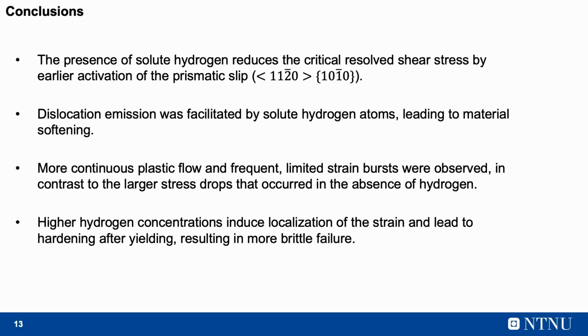We also saw more continuous plastic flow and frequent but limited strain bursts in the solid solution hydrogen case, whereas larger stress drops were observed in the air case. And lastly, higher hydrogen concentrations, which we believe introduce hydrides into the microstructure, lead to increased yielding and a hardening effect after the yielding as well, which results in brittle failure.